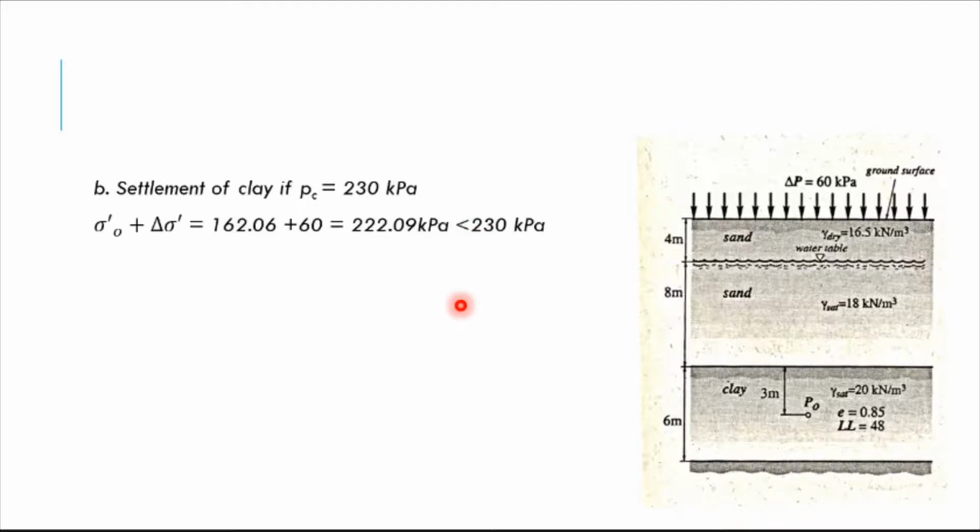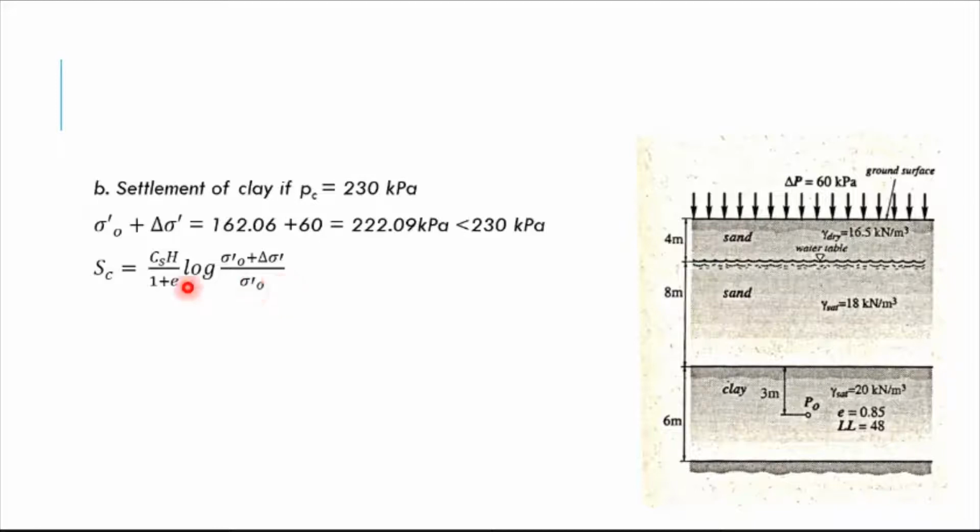So if PF is less than P sub C, the formula for the primary consolidation settlement is equal to C sub S, which is the swell index, multiplied by the height of the clay layer all over 1 plus E, logarithm of overburden pressure plus additional load over the overburden pressure at the mid-height of the clay layer.